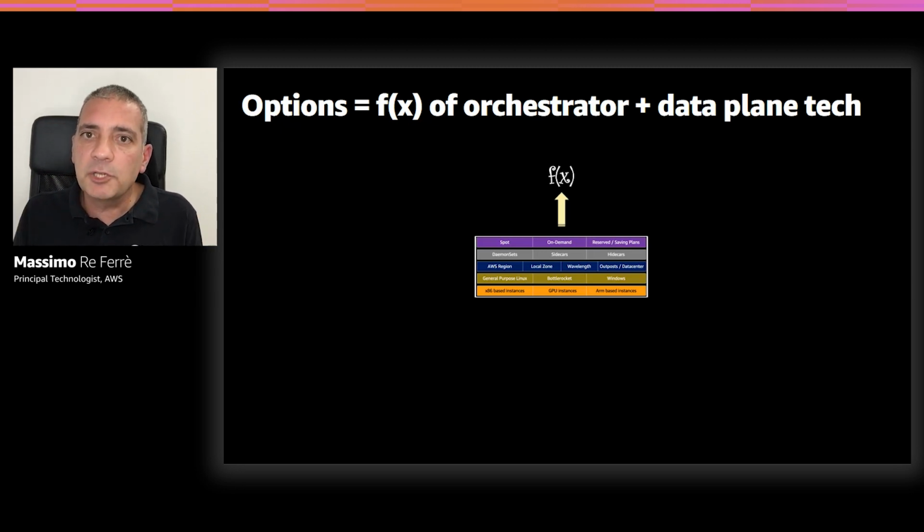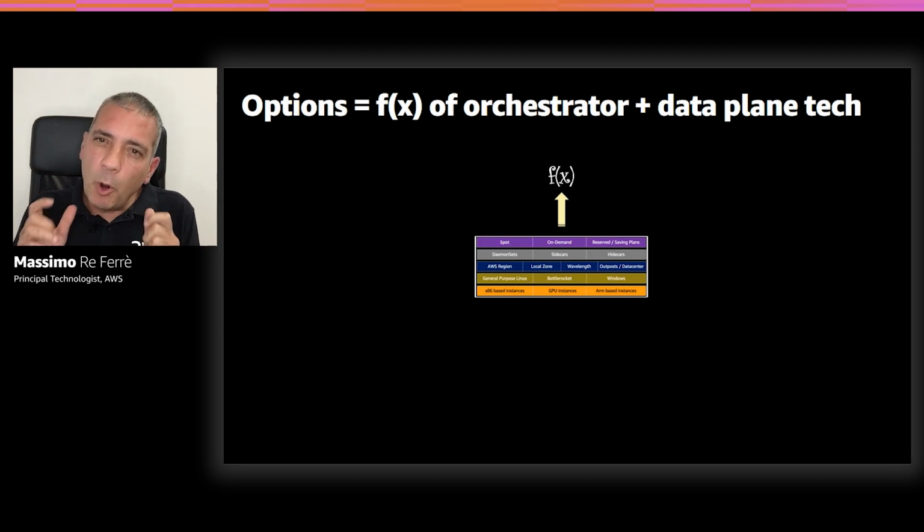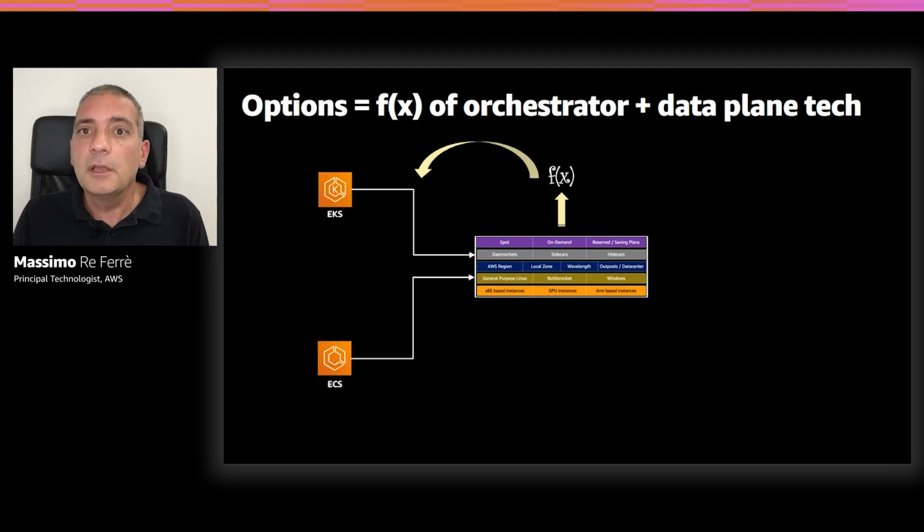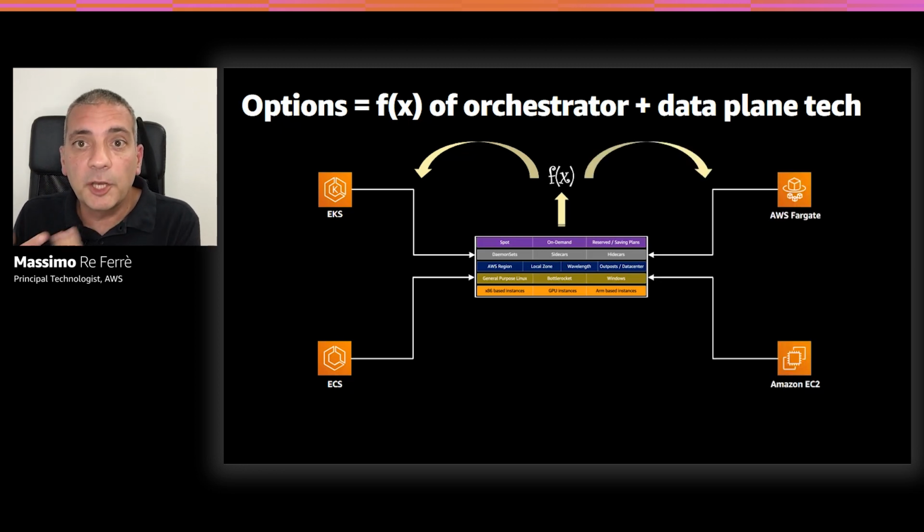What you can use is a function of 2 things. The first thing is the orchestrator that you're using. If you pick an orchestrator, you may be limited to use more or less of these options. The second thing is the technology that you want to use in the data plane.